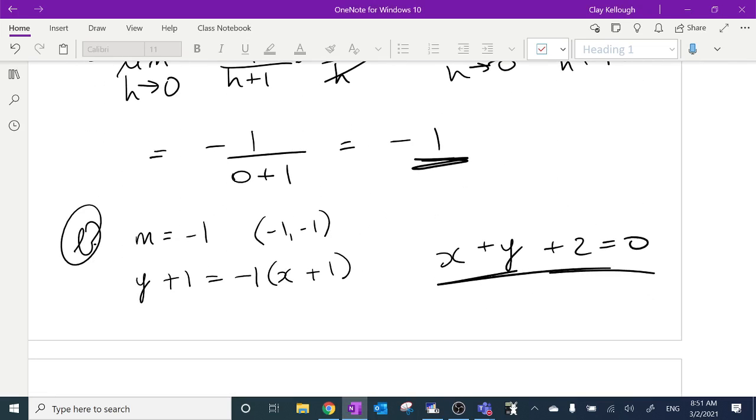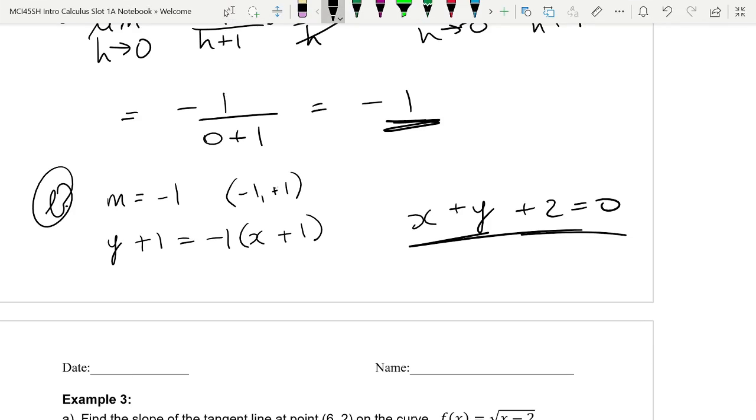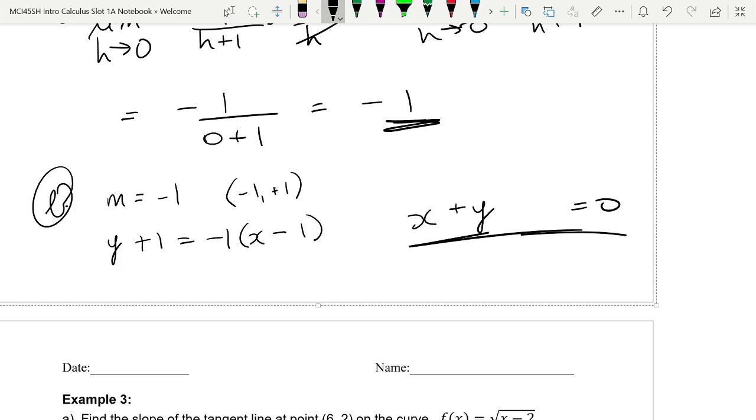Because this is now, thanks for noticing that, that's a plus. So that makes this a minus, right? And that makes this a +2 on this side. So when it moves over, it becomes a -1, right? Somebody double check my mental math on that. But I think, oops, there we go. I think that's right. That look good?